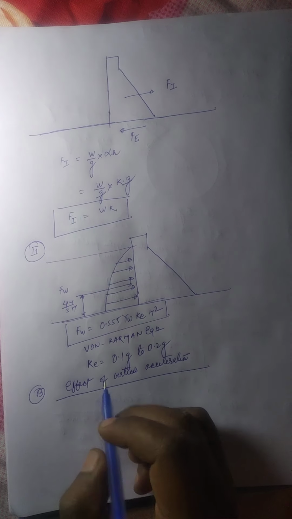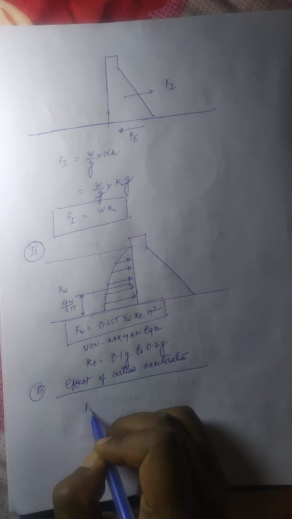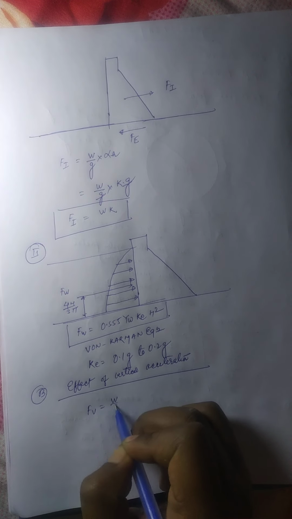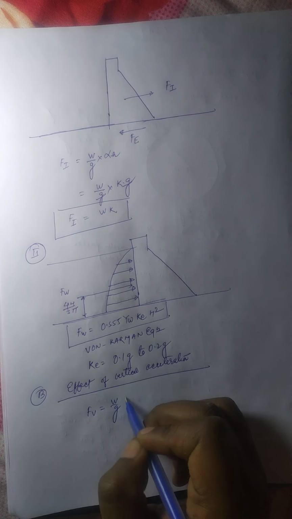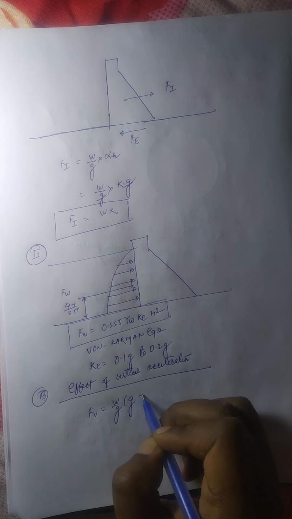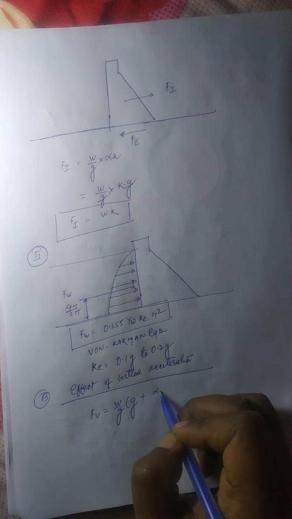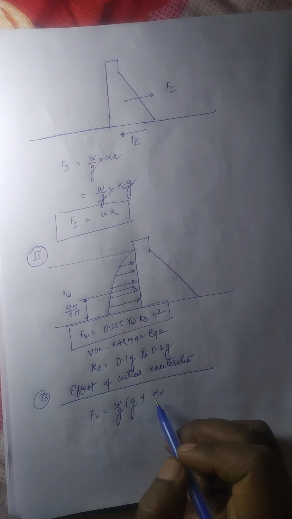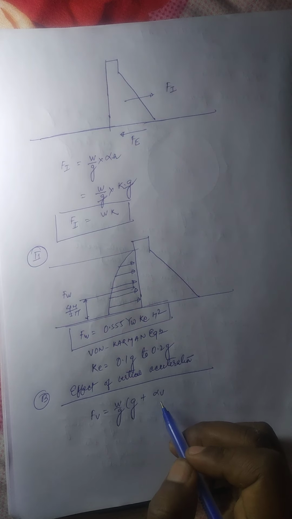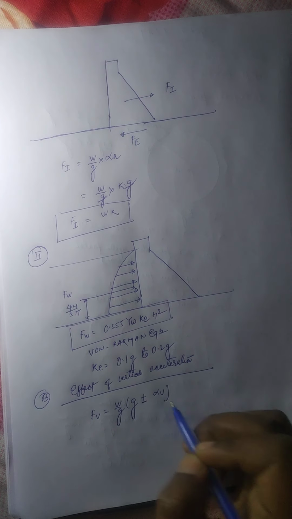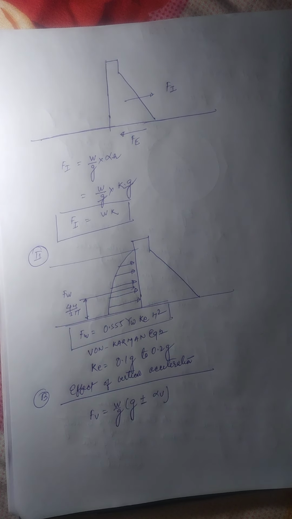So the formula will be Fv is equal to mass into acceleration. Mass is what? W by G, and this is G. When it acts in the upward direction, it will be plus alpha V. It will be added by the amount of alpha V, and when it acts in the downward direction, it will reduce the effective weight of the dam.